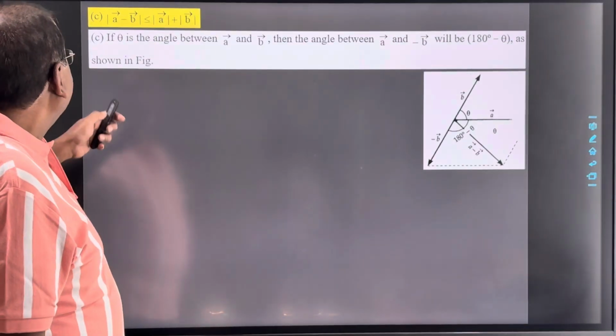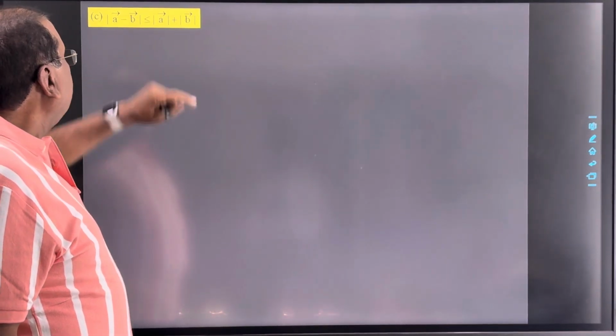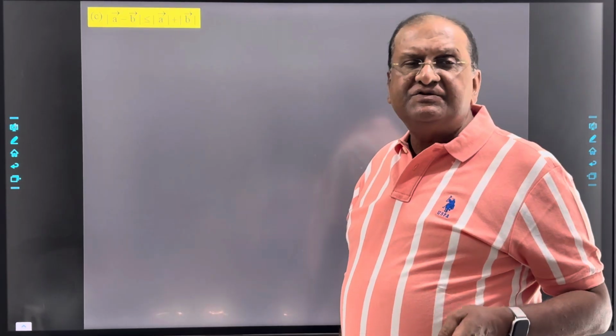Now see, magnitude a minus b is less than or equal to magnitude a plus magnitude b. Now magnitude a minus b, you can write as magnitude a plus (minus b).